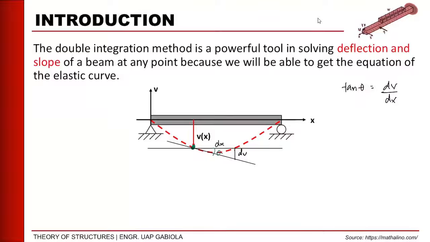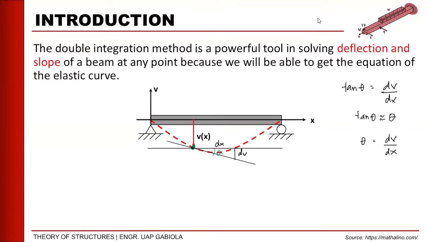And according to small angle theorem, si tangent theta natin, we can assume that to be equal to theta lang din. Okay? So from this assumption, we can say na si theta can now be equals to our dv over dx. So yung change natin in the vertical direction over sa change natin sa horizontal direction.